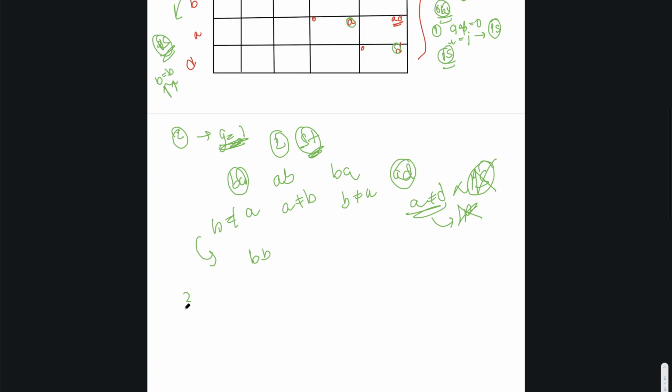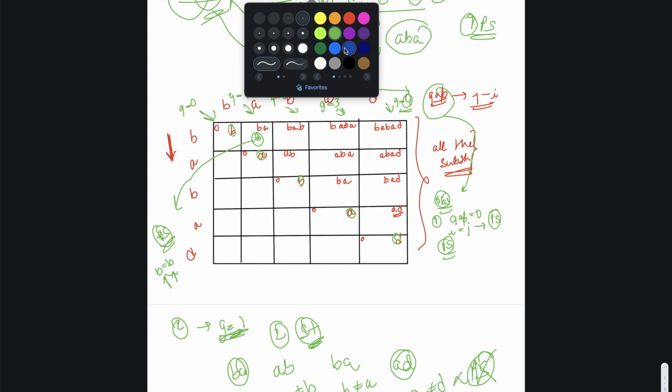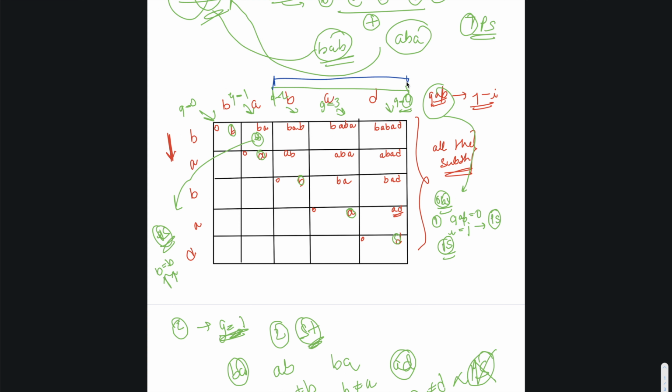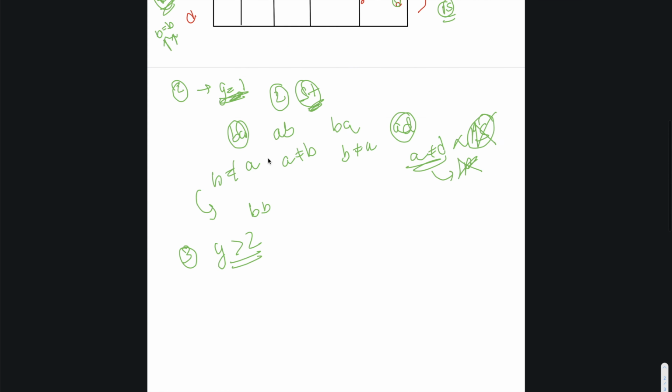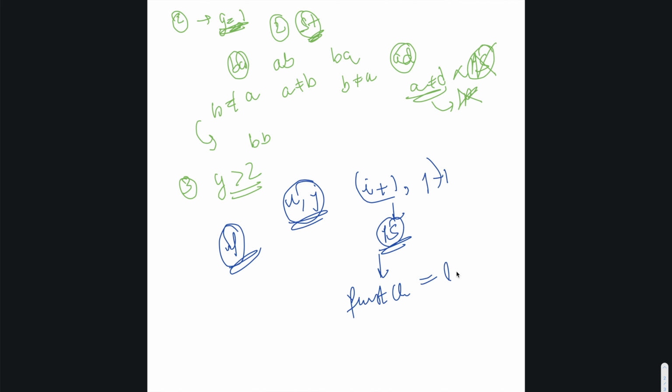And the third observation is that whenever the gap is greater than 2, like from here to here, if we are checking for i comma j, whenever i plus 1 comma j minus 1 is a palindromic substring, then we will check that the first character should be equal to the last character.